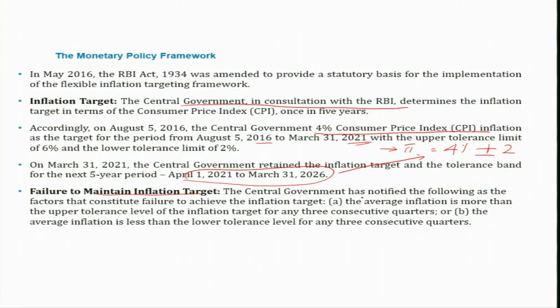That means the central government has notified the following as the factors that constitute failure to achieve the inflation target: the average inflation is more than the upper tolerance level of the inflation target for any 3 consecutive quarters, and the average inflation is less than the lower tolerance level for any 3 consecutive quarters.